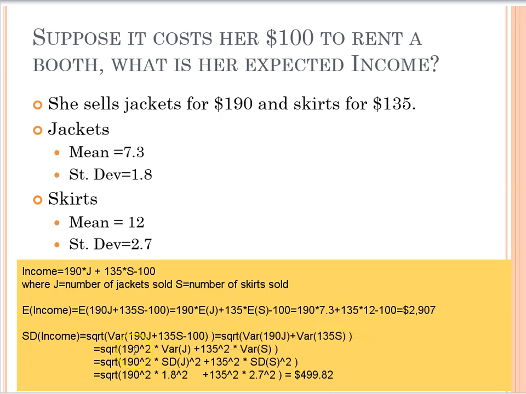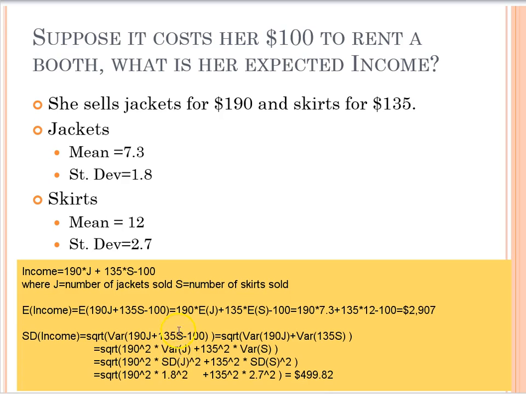Now that we've pulled the constant out of the variance operator and squared it, we're left with individual variances, and that's where we want to get to, because that allows us to convert the variance back into a standard deviation. Remember that the variance is equal to the standard deviation squared.